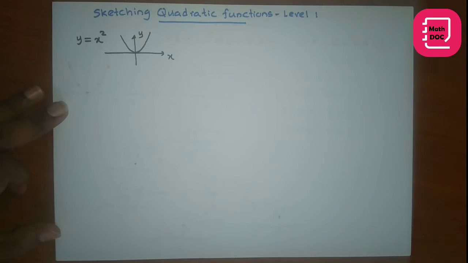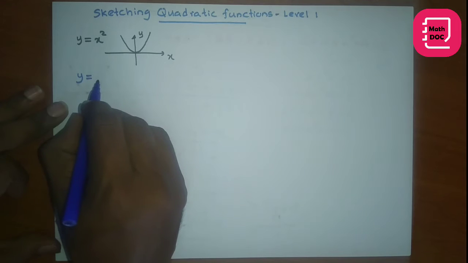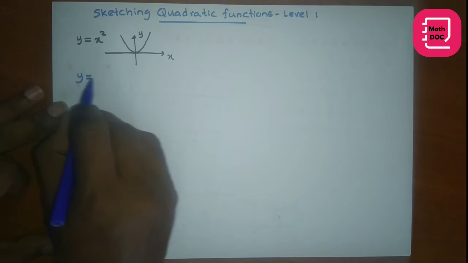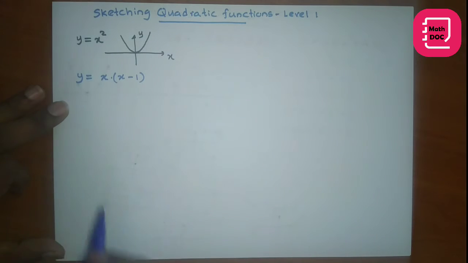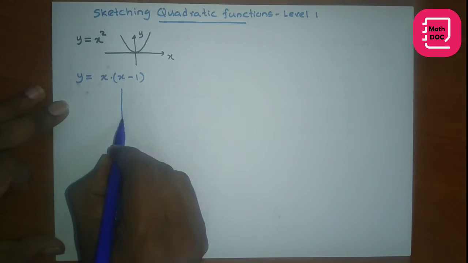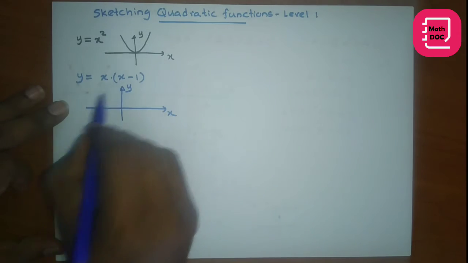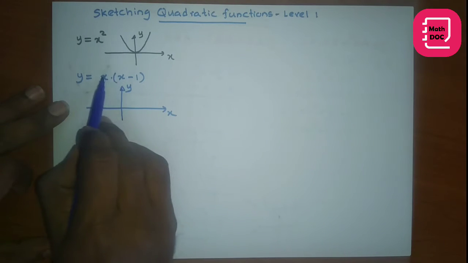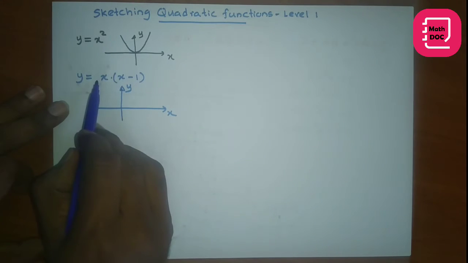Those are given in factor form. Say the function y equals x times (x minus 1). See this shortcut method. Here x-axis, y-axis. First see the leading term. Here you can obtain the x squared leading term by multiplying these two. Then the sign mentioned here is positive, no?